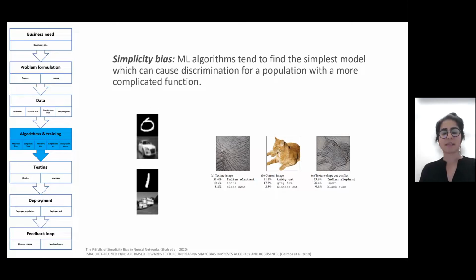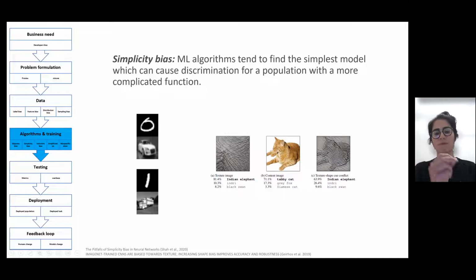The second one is simplicity bias. Models usually like to learn very simple patterns. For example, on the left, if you want to classify pictures that have 0 and car versus pictures that have number 1 and truck, the model would learn only the top part of the picture and completely ignore the bottom.